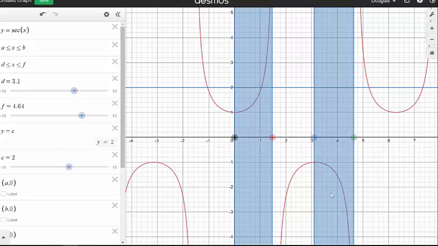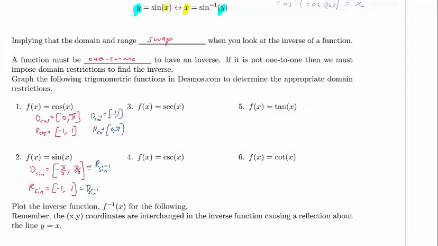So let's go ahead and mark these down. This first section goes from 0 to pi/2, and the next section goes from pi to 3pi/2. So once again, we've got the domain of the secant equals, and we're going from 0 to pi/2.